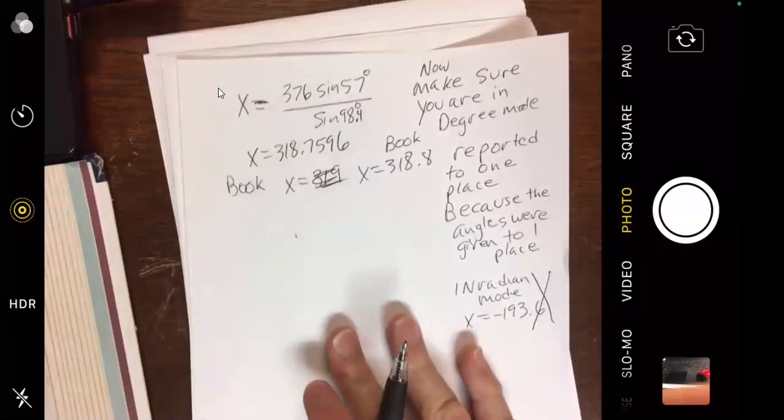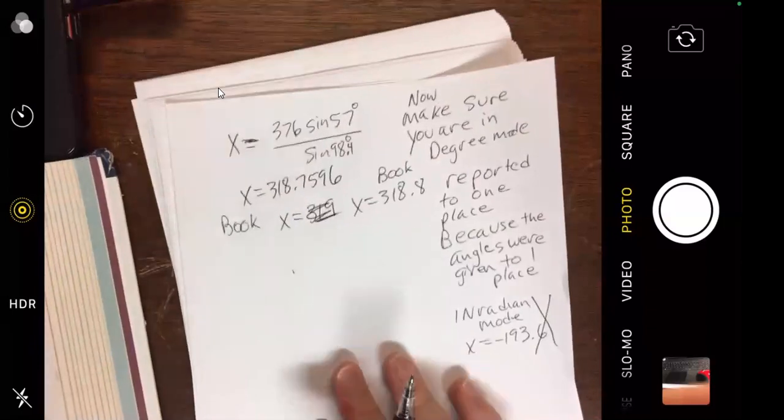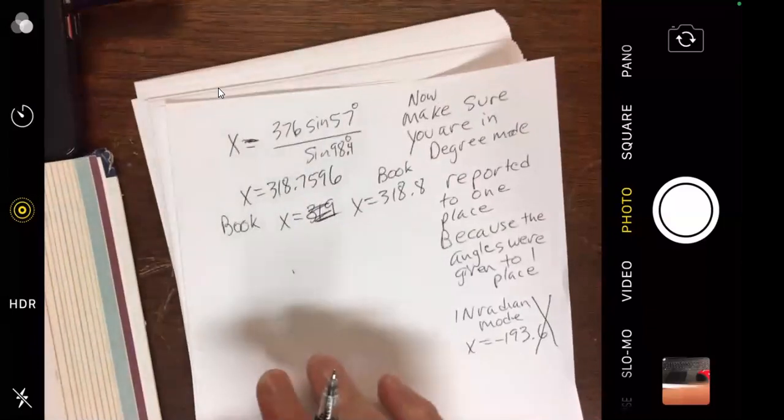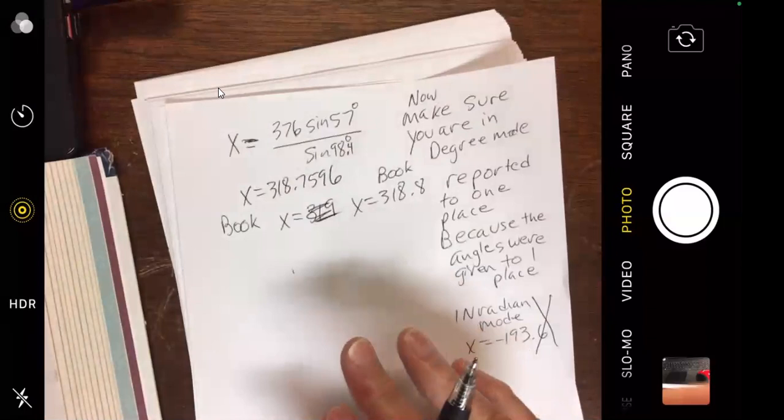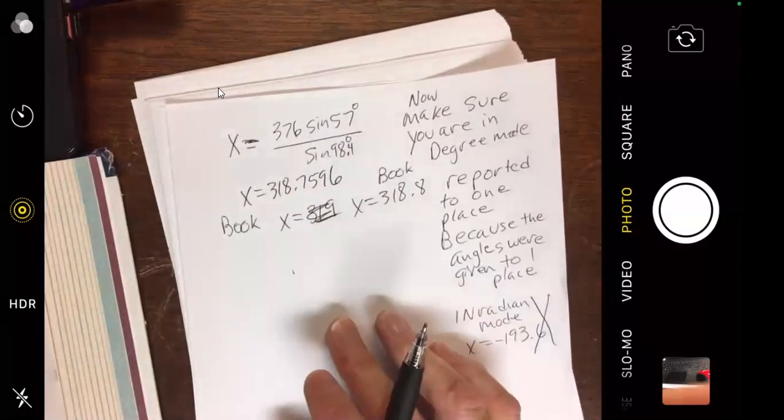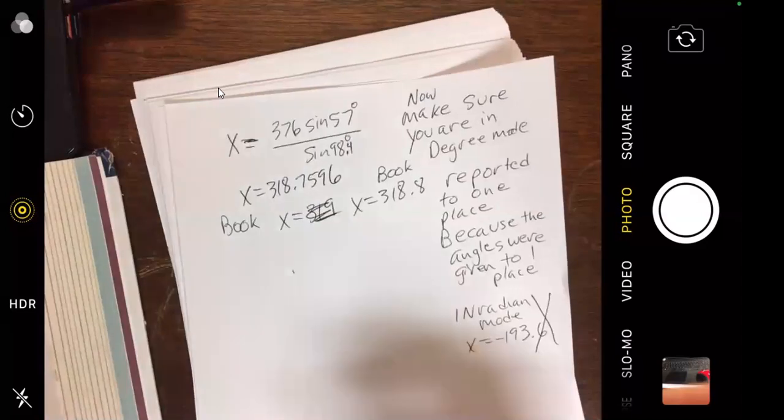Okay, what would be a different one? Let's see, 3 to 27 odd here. Why don't we try number 9?